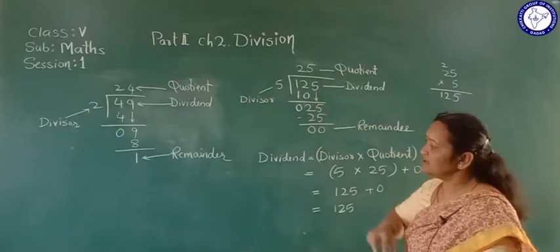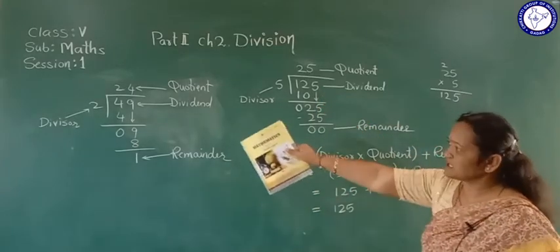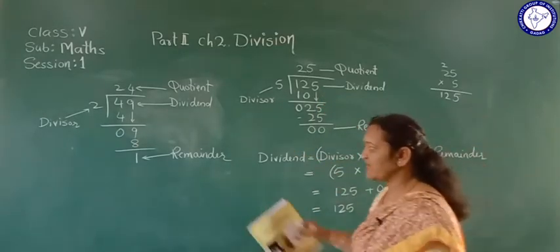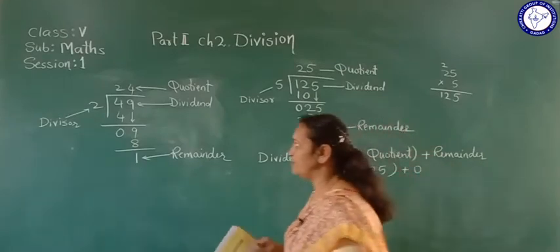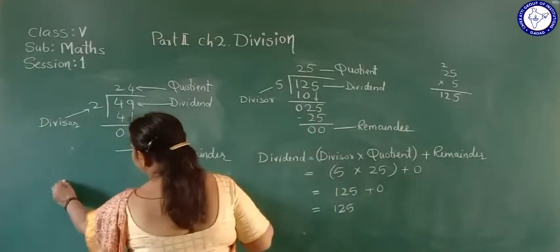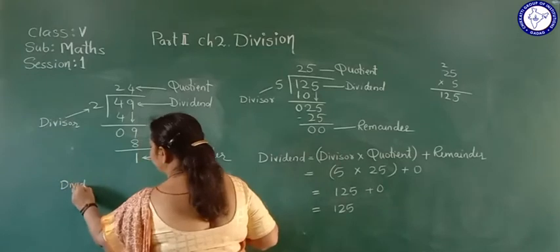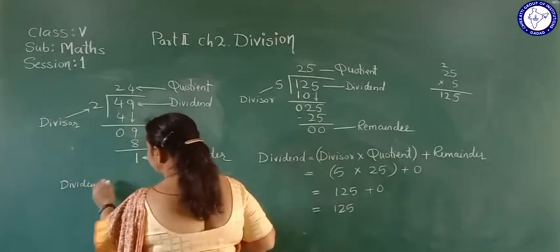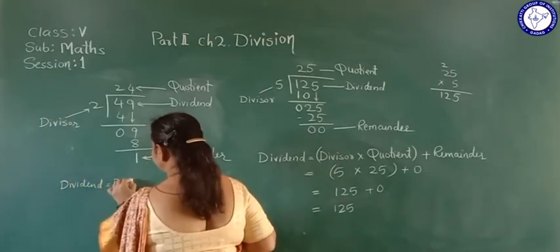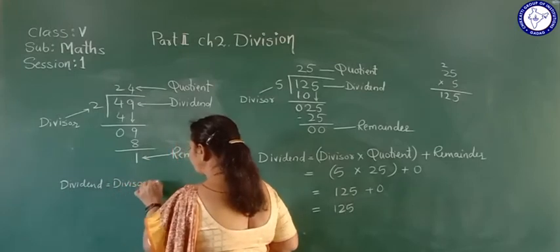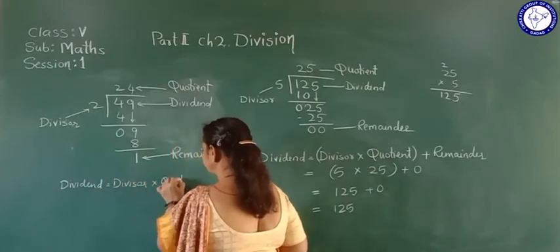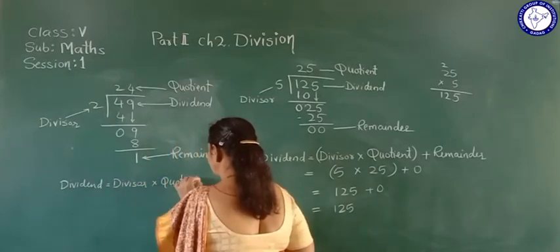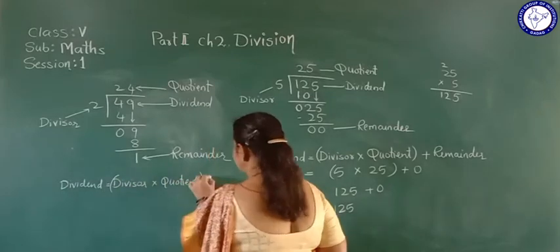Got this? Let me do this verification for the last sum, where we have a remainder of 1. So here, dividend is equal to divisor into quotient plus remainder.